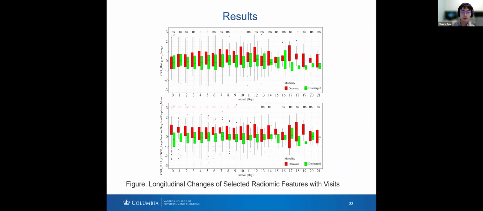The red one represents the deceased ones, and the green ones represent the discharged ones. So longitudinally we will see a difference across different visits, and different progression patterns might be in this data.